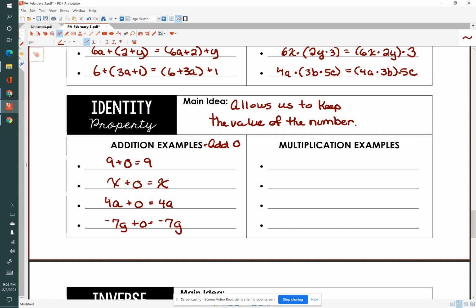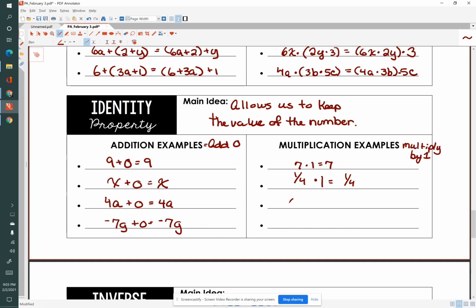Now, with multiplication examples, we can multiply by 1. So, for example, 7 times 1 equals 7, or 1/4, even with a fraction this works, times 1 equals 1/4.